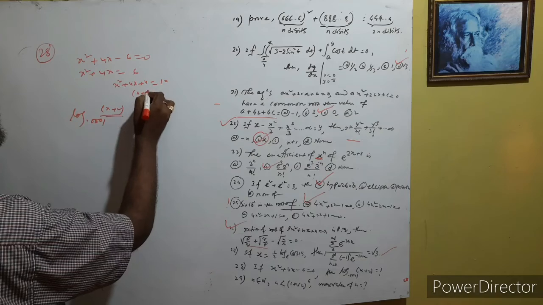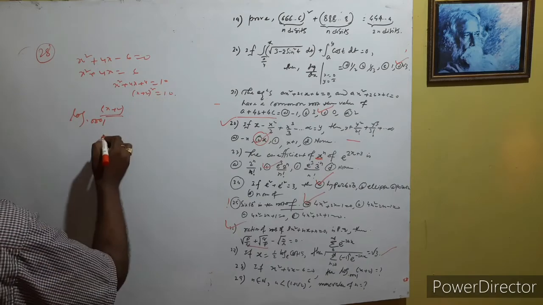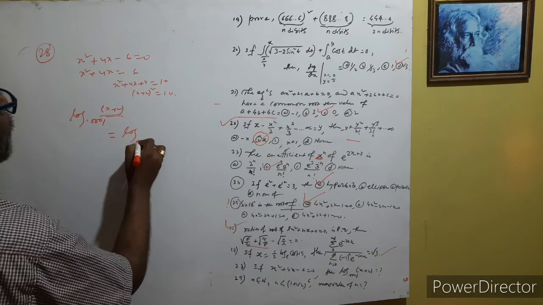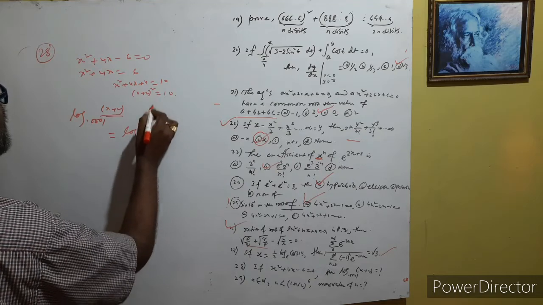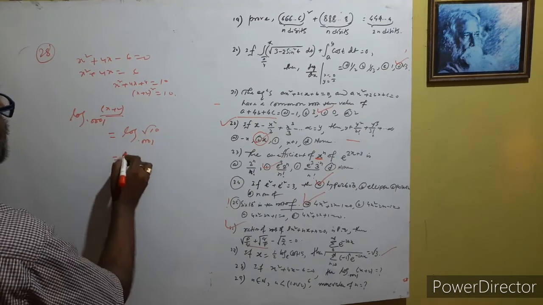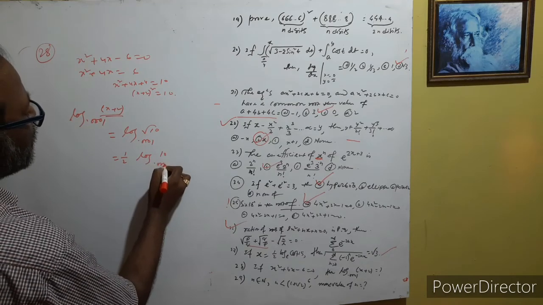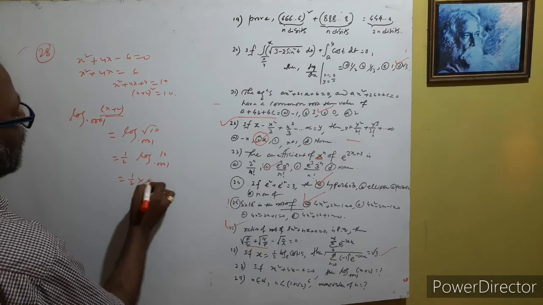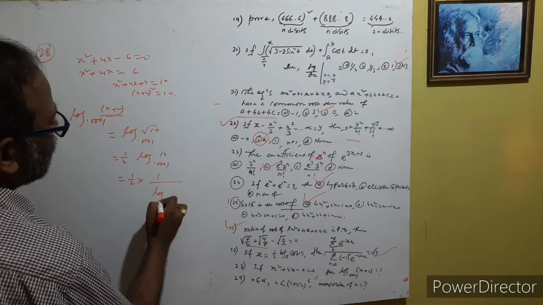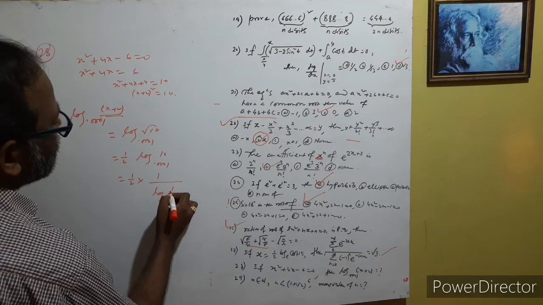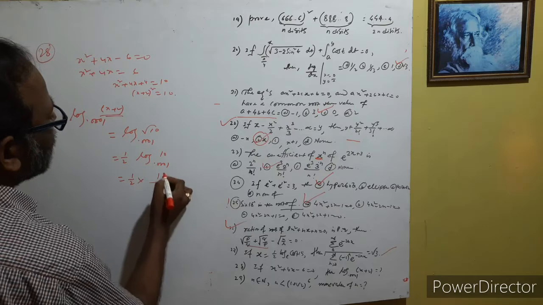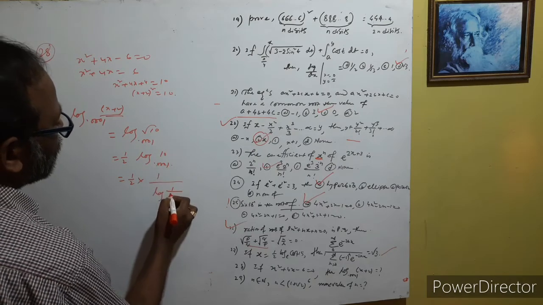So x plus 2 whole square is equal to 10. So now 0.0001 are root 10. So half log 10 0.001.